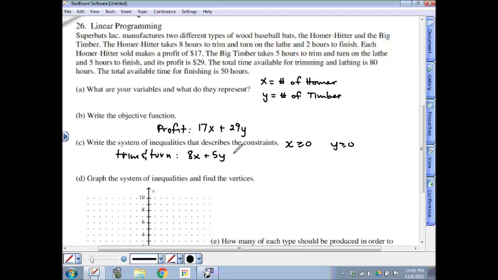So the combination of these two bats has to be less than or equal to 80 hours, because that's how many hours are available for trimming. And then we also have a constraint on finishing. It takes 2 hours to finish a Homer bat, and it takes 5 hours to finish a timber bat, and the number of hours available for finishing is 50.